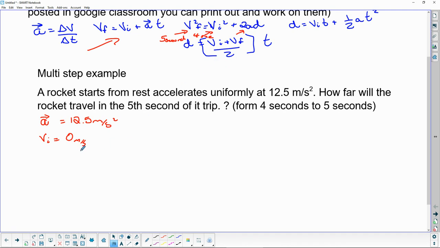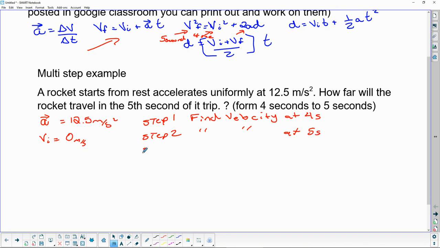Okay? So step 1, find the velocity after 4 seconds. And then step 2, find the velocity at 5 seconds.